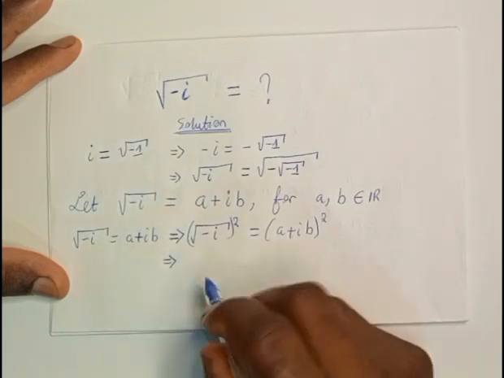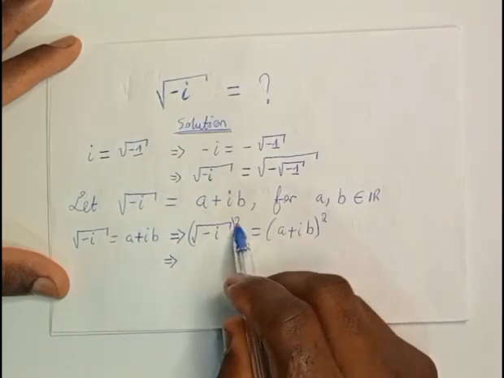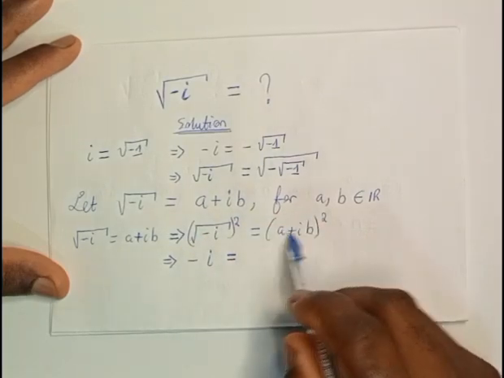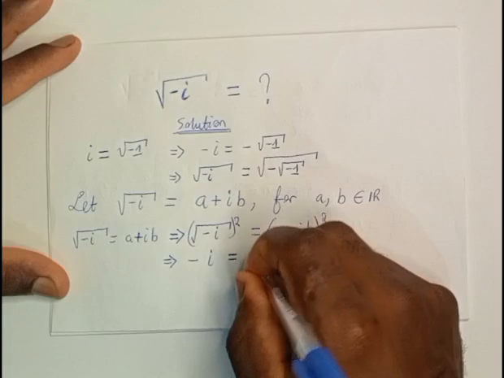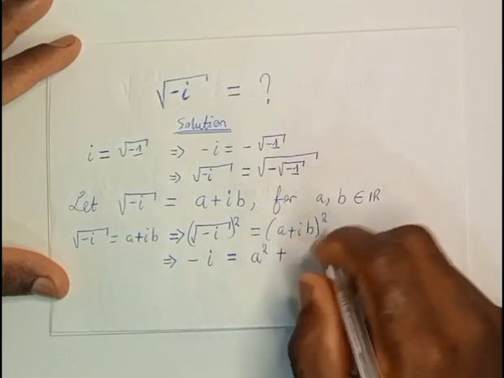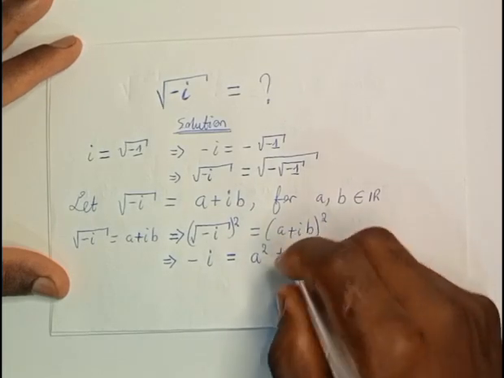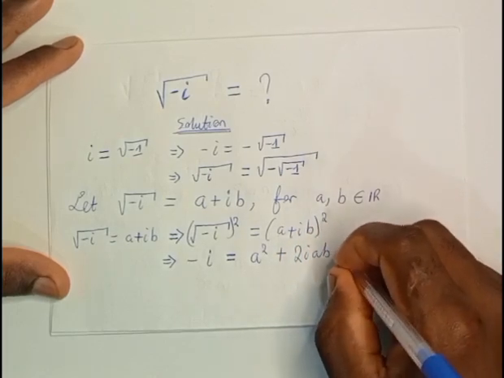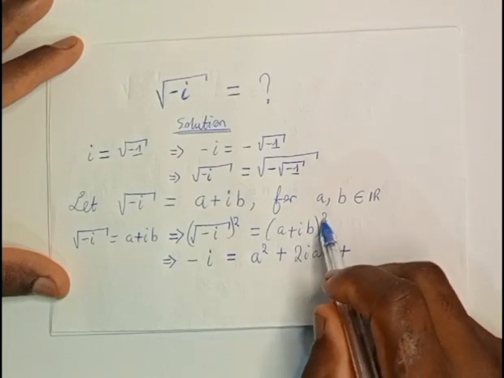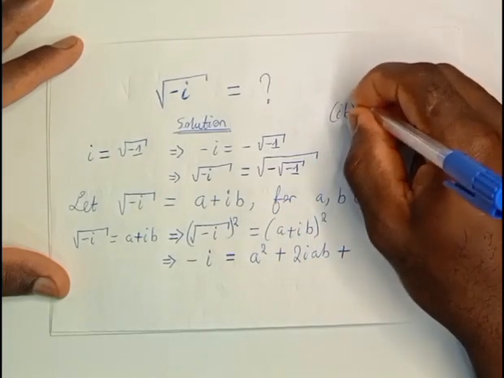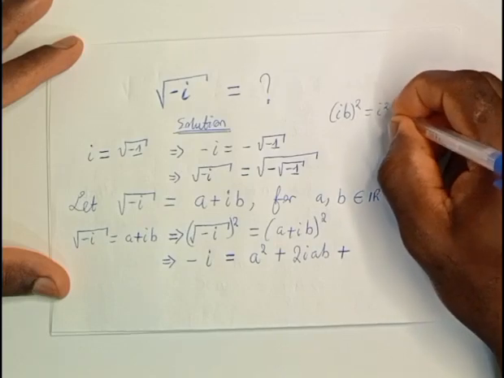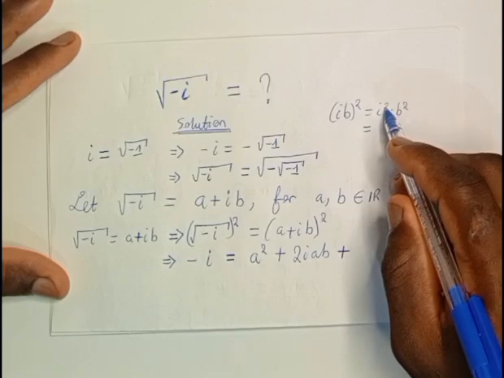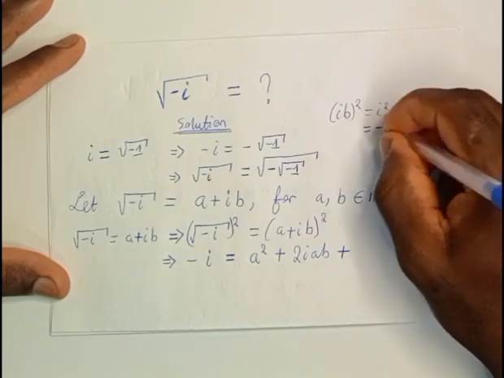Then the square root of negative i squared gives us negative i equal to a plus ib squared, which gives us a squared plus 2 times a times ib, which gives 2iab, plus ib squared. This is the same as i squared times b squared, and i squared gives us negative 1. Negative 1 times b squared gives us negative b squared.